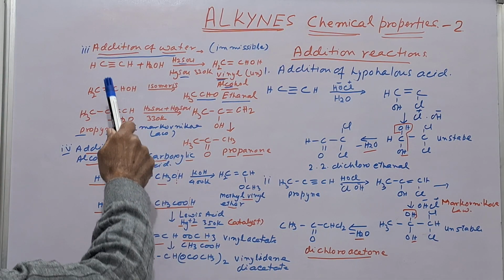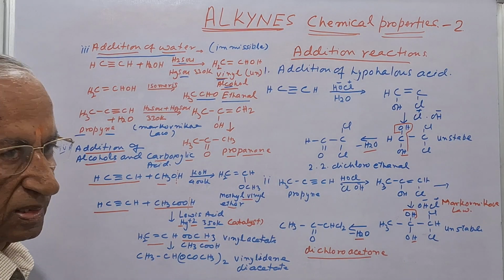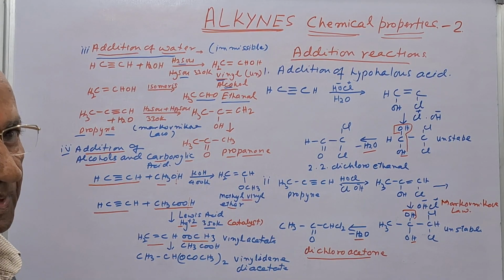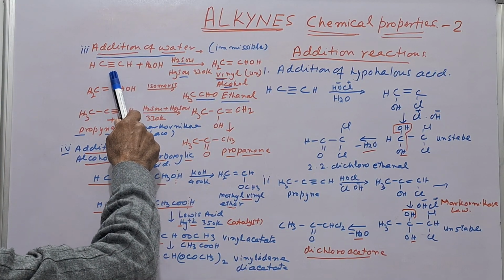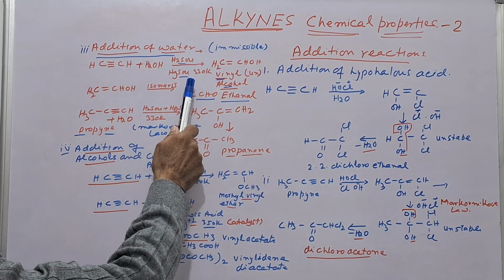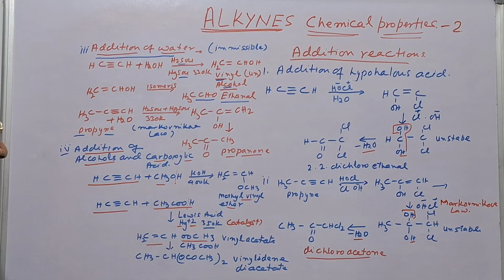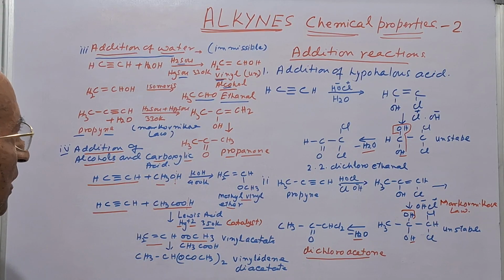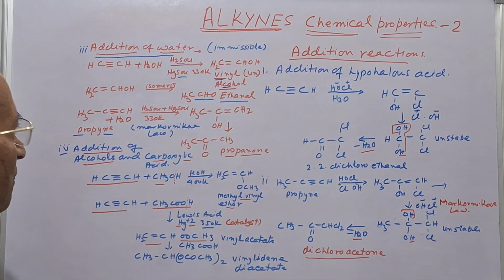Listen, addition of water. You know, alkenes and alkynes are immiscible in water, but ethyne, in the presence of sulfuric acid and mercury sulfate as a catalyst, at about 330 K, addition of the water molecule takes place, and in the first stage it forms vinyl alcohol.